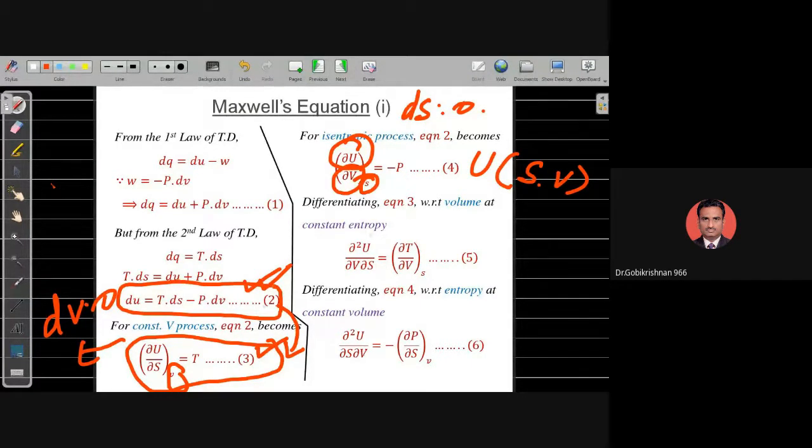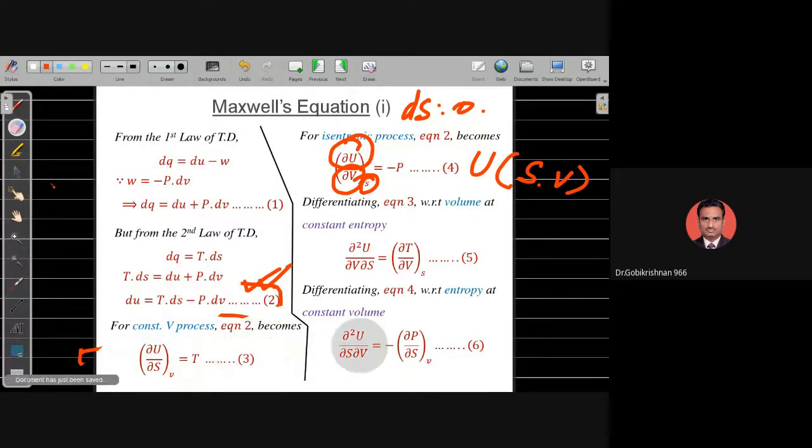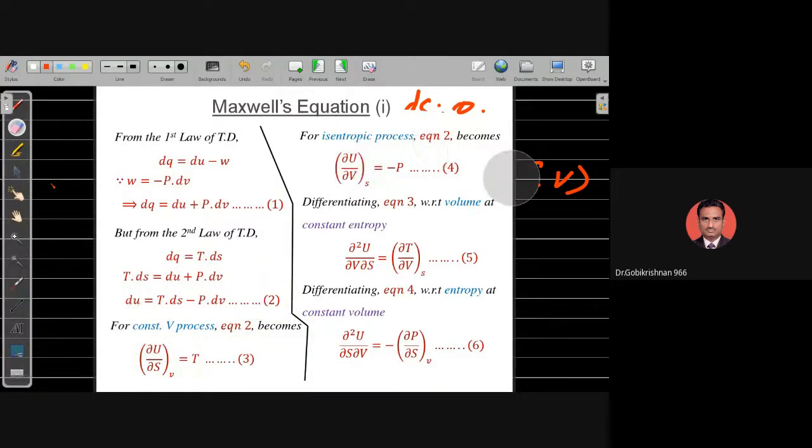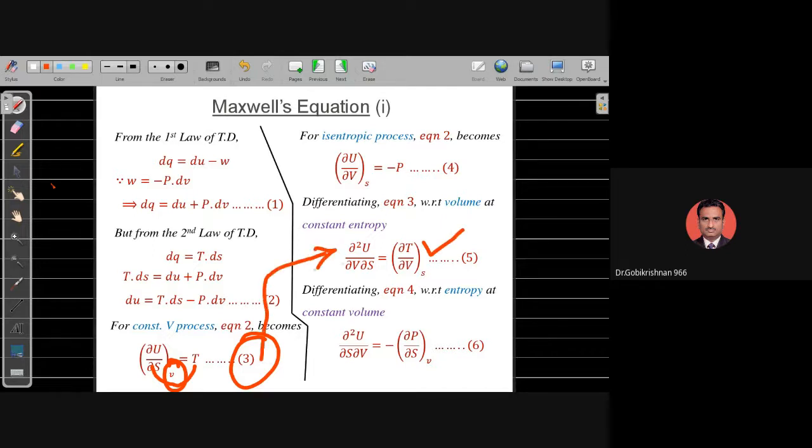Now I have to differentiate both equations 3 and 4 with respect to the other variable. I differentiate equation 3 with respect to V, keeping S constant.